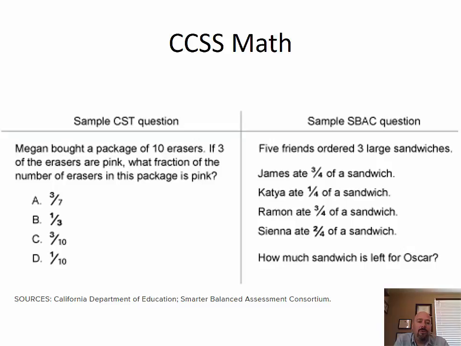Not only do you need to understand basic fractions, you need to be able to apply those and reason your way through this problem by adding the different fractions and then subtracting whatever that might add up to from the 3 large sandwiches to find out what you have left for Oscar.